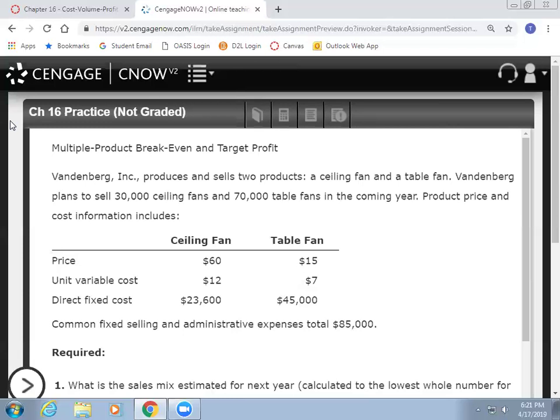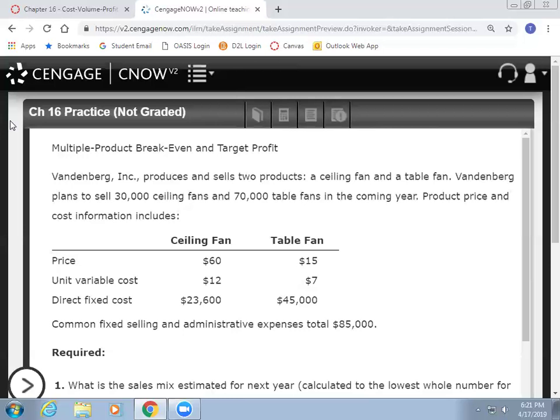Okay, so let's look at a little different example here, probably the trickier part. Here we have a company that produces and sells 2 products: a ceiling fan and a table fan. They plan to sell 30,000 ceiling fans and 70,000 table fans in the coming year. And then they give us the product price and the cost information below.